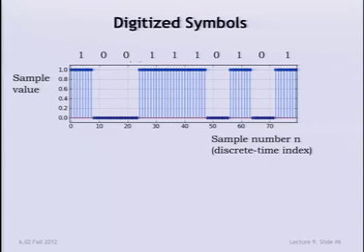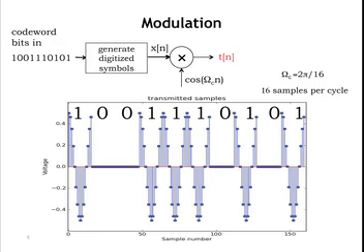So that's what we're seeing here. A short burst of cosine. This is 16 samples long, and then 32 samples of 0, and then 48 samples of cosine, and so on.